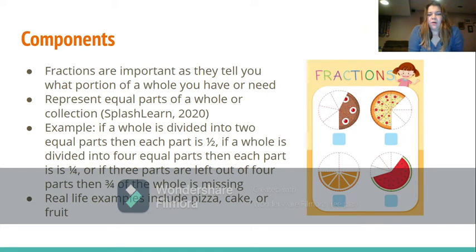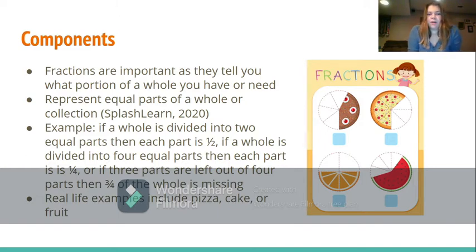So if a whole is divided into 4 equal parts, then each part is 1/4. If I were to take this cantaloupe, that would be 1/4. This would be 2/4, and then 3/4.